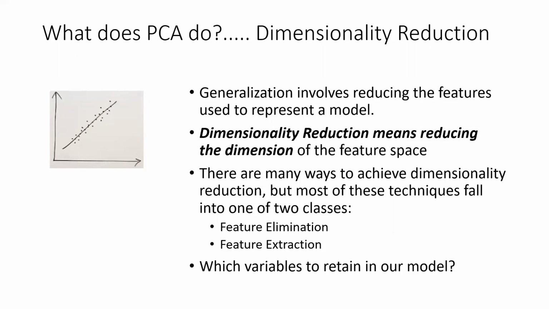There are n number of ways to achieve this dimensionality reduction, and most of these techniques can be clustered into one of two classes: feature elimination and feature extraction. Now, feature elimination is where we reduce the feature space by eliminating the features altogether. Say if we have n features, we bring down our features from n to n minus k. We eliminate certain features.